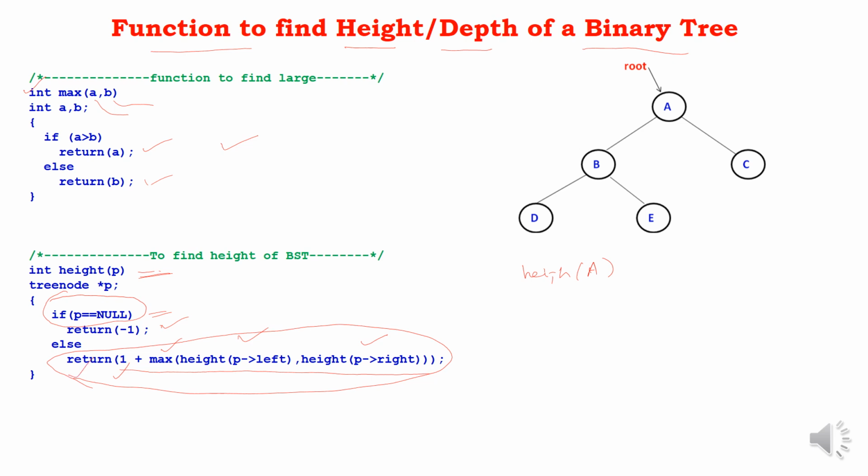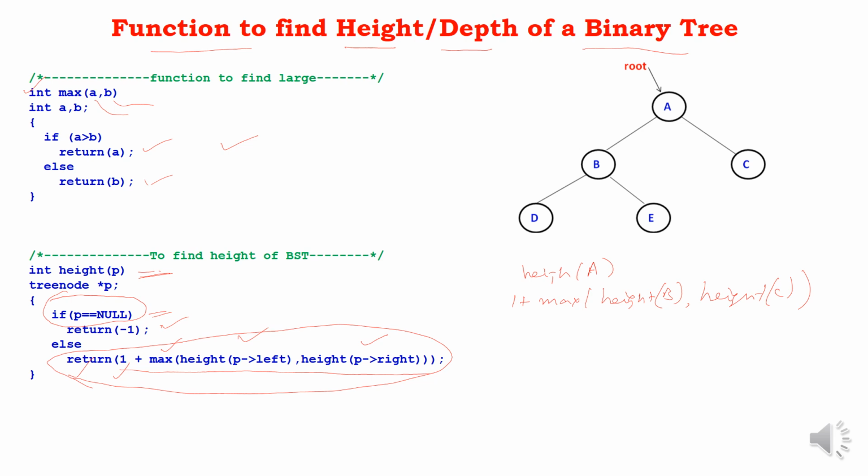So it calls return function, return 1 plus maximum of height of P left, A left is B, comma height of P right, A right is C, height of B comma height of C. 1 plus maximum of height of B comma height of C.